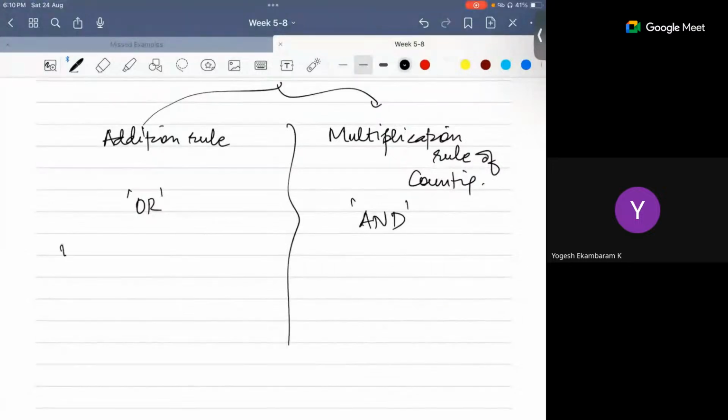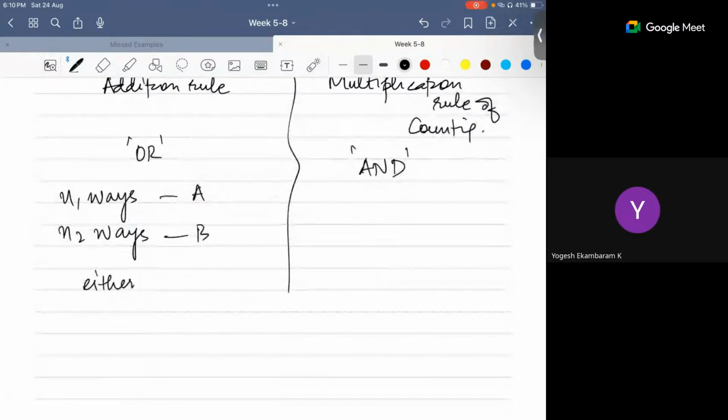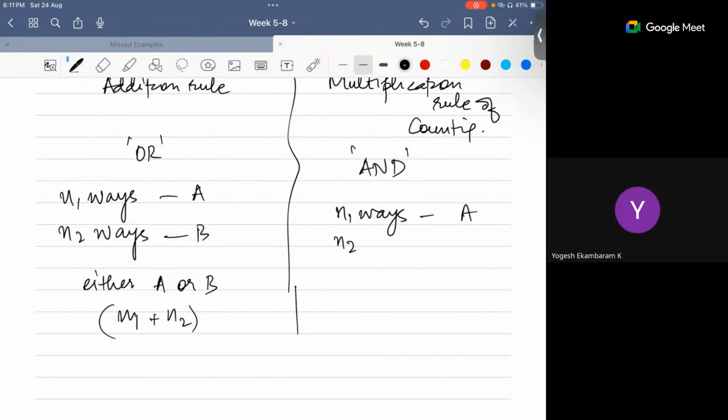Here you have N1 ways of event A and N2 ways of event B, and you are asked to calculate the number of ways in such a way that A and B both occur.